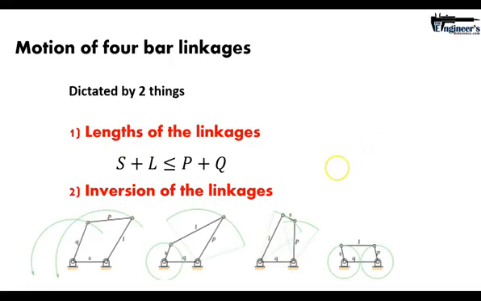If we look at these two links, and we already labeled them by Grashof's terms, short link, longest link, and P and Q represent the other two linkages. There are several different configurations or linkages that can be fixed, whether it's the shortest link or the other remaining links, and you can end up getting all sorts of different motions out of it.